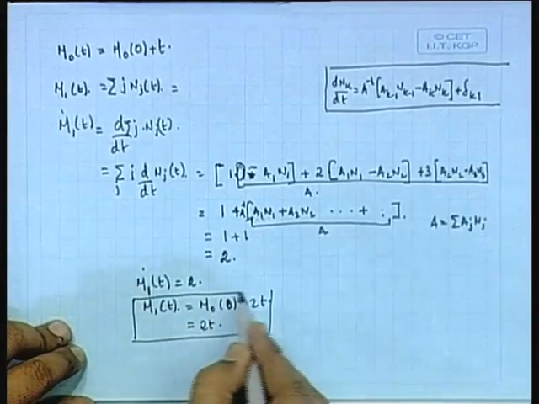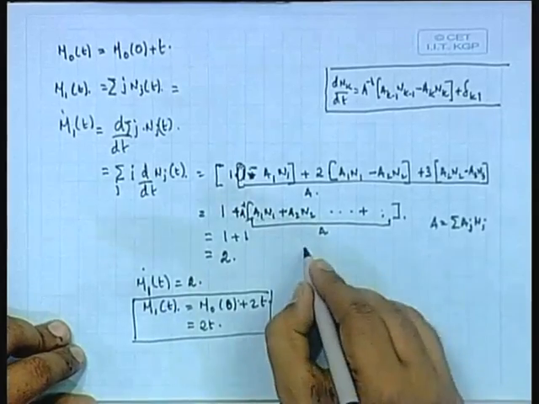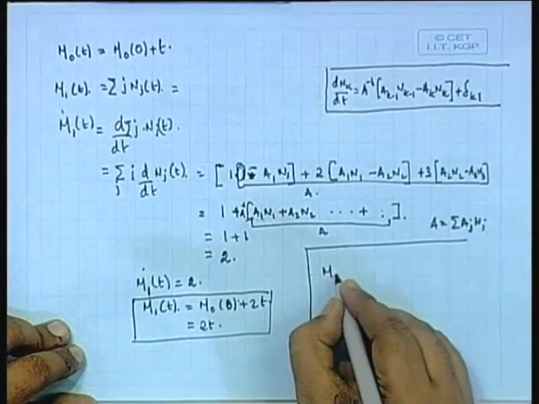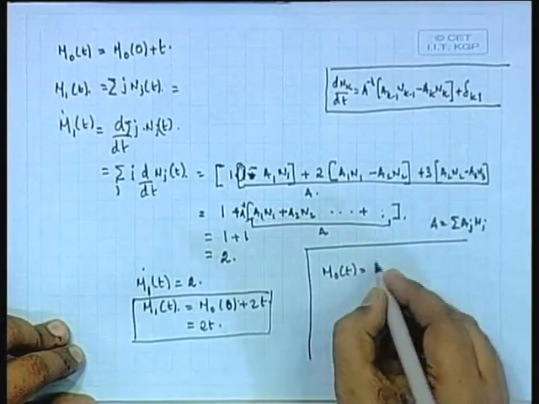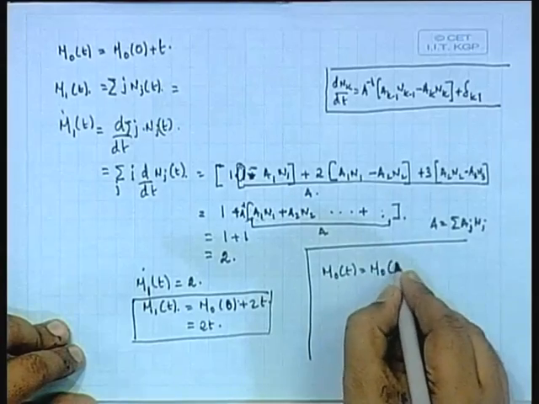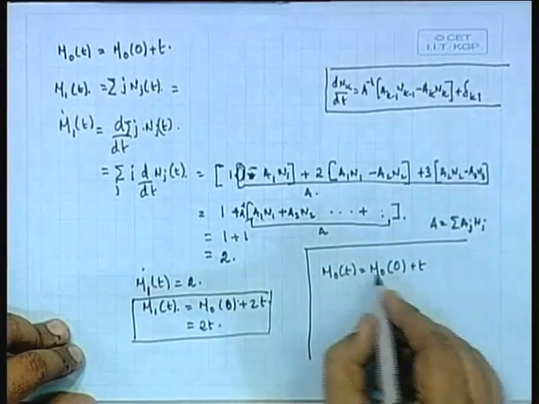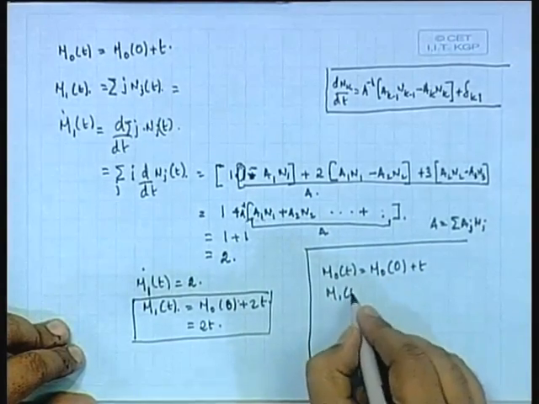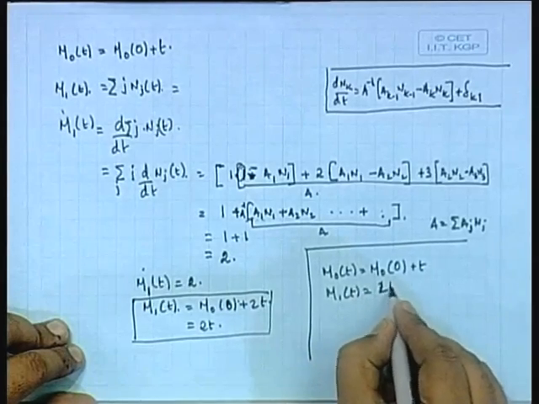So, let us sum up what we have now. m0(t) is equal to m0(0) plus t, and m1(t) is equal to 2t.